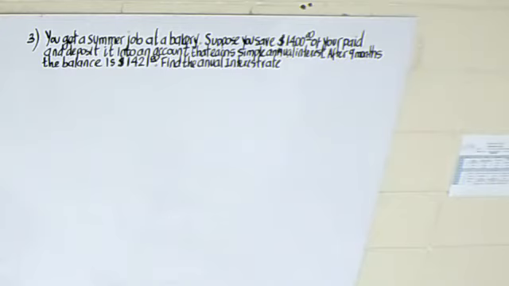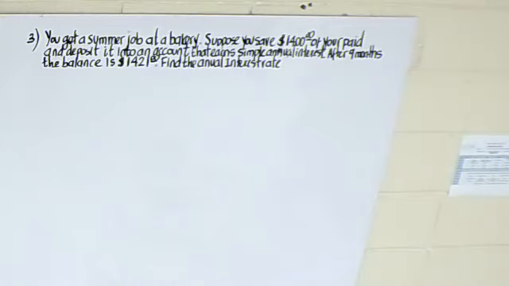Okay. We can imagine this situation. You got the summer job at the bakery. Te dan trabajo en una pastelería. And you're supposed to save $1,400 of your pay and deposit it into an account that earns some kind of simple annual interest rate. We don't know what the percentage is. The problem only mentioned that.